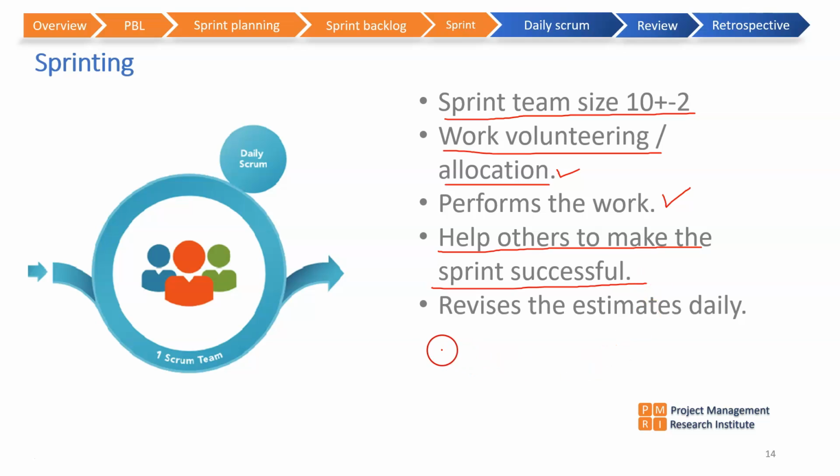And they continuously revise the estimates daily. On a daily basis, they re-estimate the balance hours required to complete each task within the sprint. They have the authority to revise the estimates daily based on their hands-on experience on those tasks.